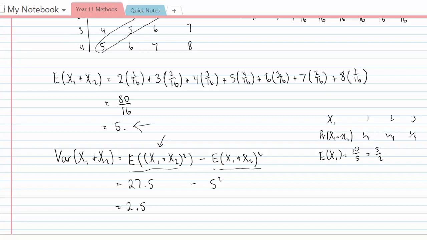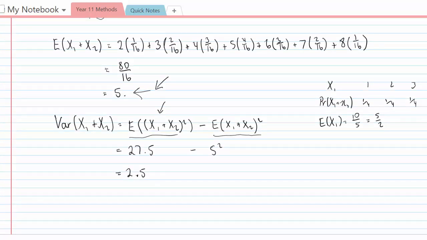And so if we have 5 on 2 plus 5 on 2, we get, again, this result just here of 5. So we can generalize this and say that the expected value of x1 plus x2 is going to be equal to the expected value of x1 plus the expected value of x2.